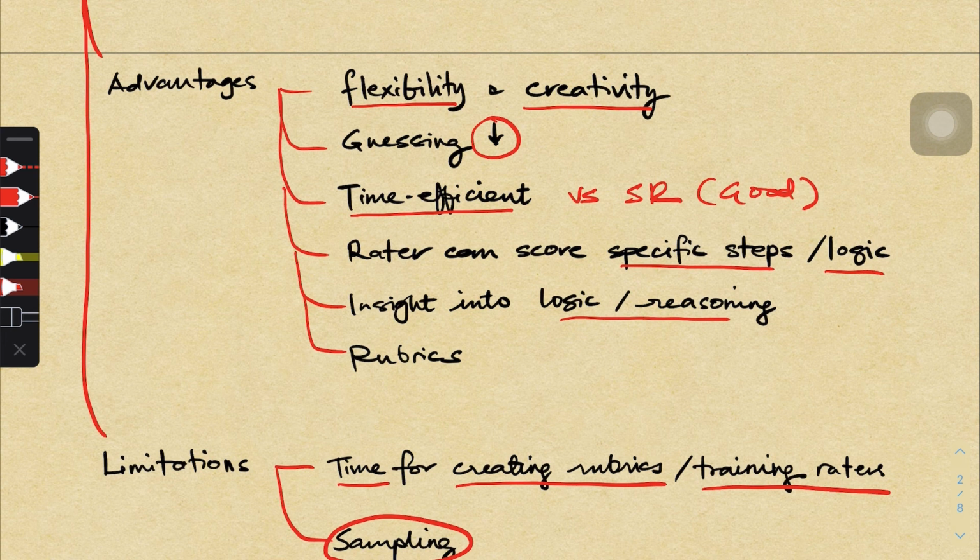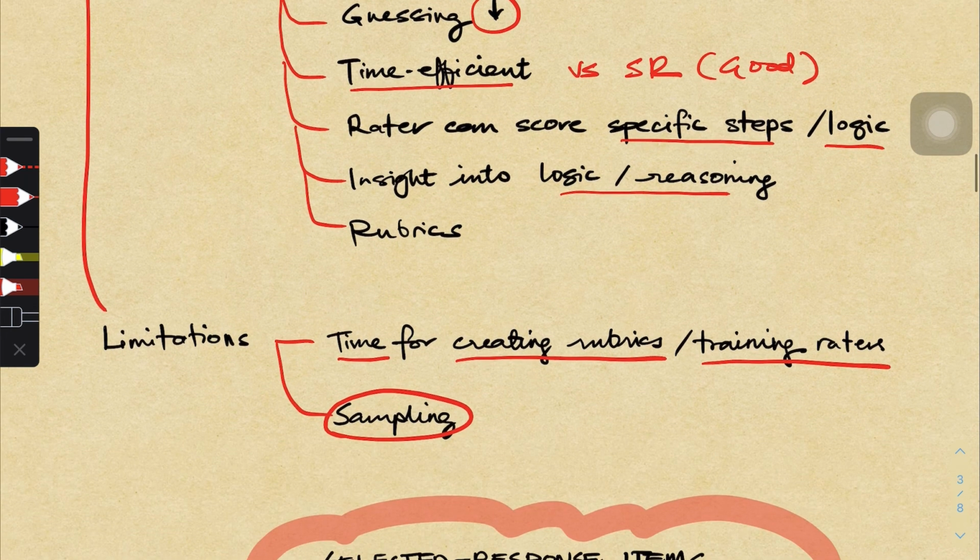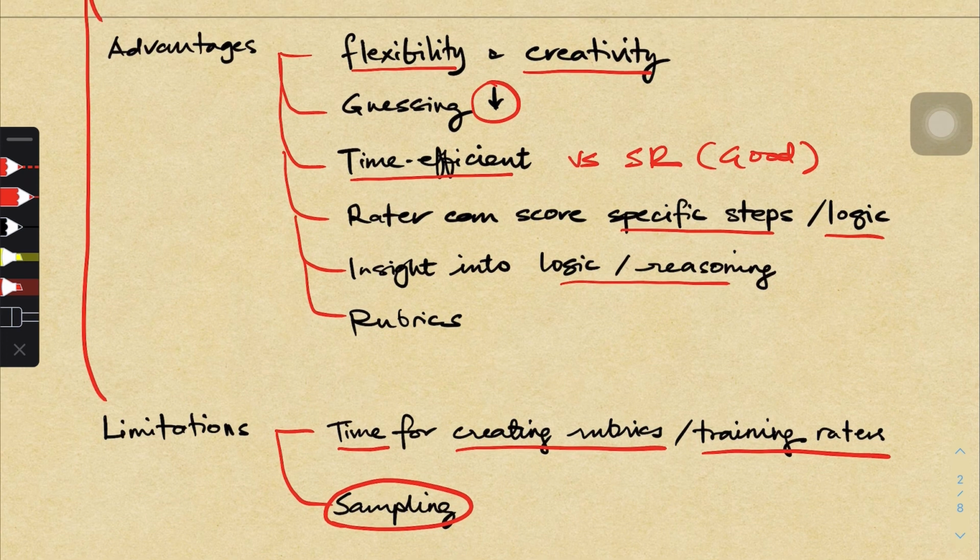One big issue in written essay formats, especially long essays, is sampling. Sampling means, for example, in a unit of time, let's take 1 hour, how many essays can you ask compared to, let's say, multiple true false? Maybe if it's a long essay, you can ask 3, each 20 minutes, 3 questions.